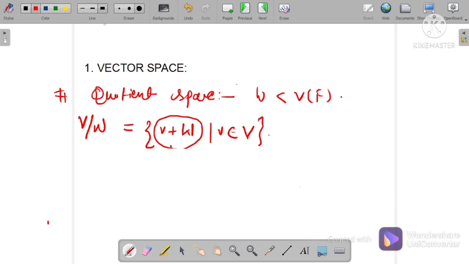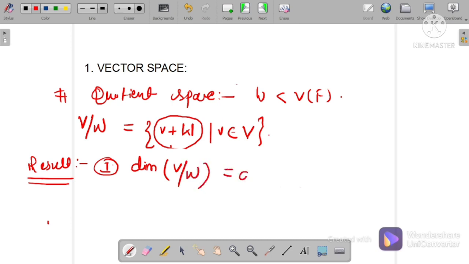Now some results about quotient space. First result is: dimension of the quotient space V modulo W is equal to dimension of vector space V minus dimension of vector space W, if V is a finite dimensional vector space.